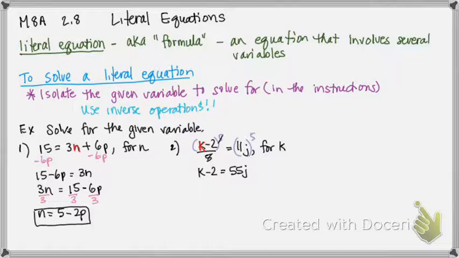Then the inverse of subtracting 2 is adding 2 to both sides, and we get k equals 55j plus 2.